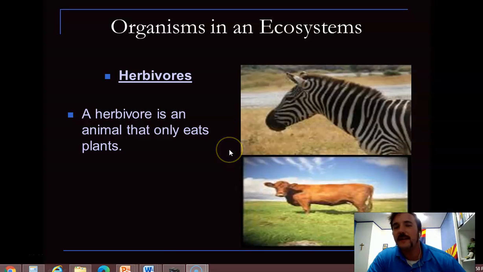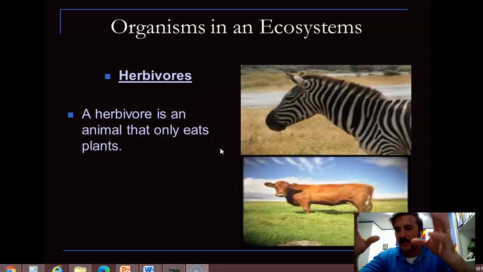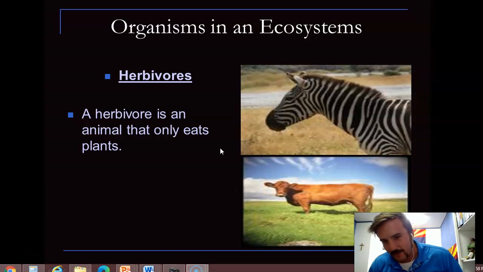They only eat plants. That's herbivores. You're never going to have a cow chasing after another animal to eat it. They don't do that. They just sit down there, munch on grass. They eat plants. What is amazing to me is that God designed a lot of herbivores to be some of the biggest animals. Not every herbivore is big, but some of our biggest animals are herbivores.